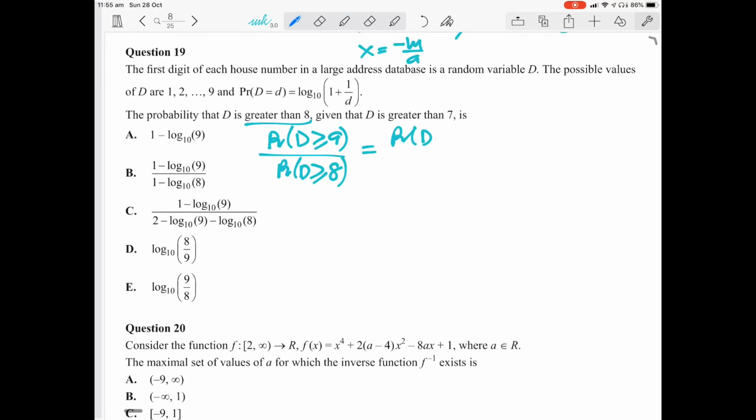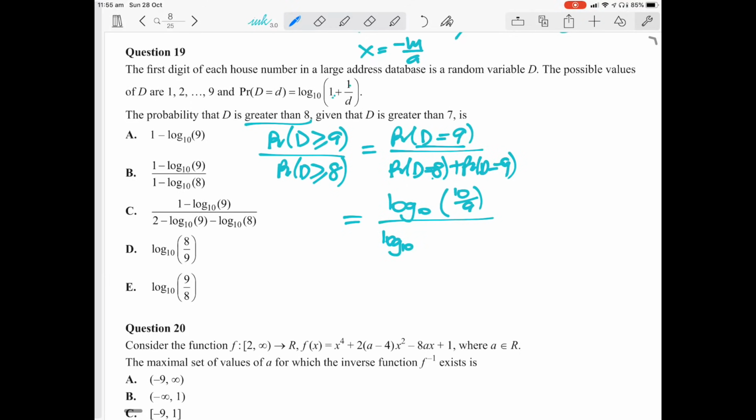So that's the probability that d equals 9, over the probability of d equals 8, plus the probability that d equals 9. Okay, d equals 9 is log 10 of 1 plus 1 on 9, which is 10 on 9, over log 10 of 1 plus 1 on 8, 9 on 8, plus log 10 of 10 on 9.